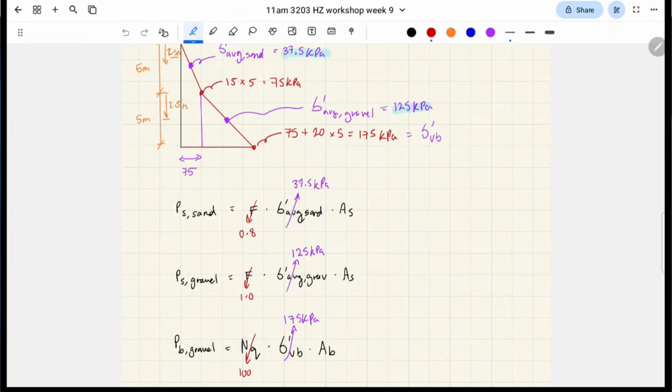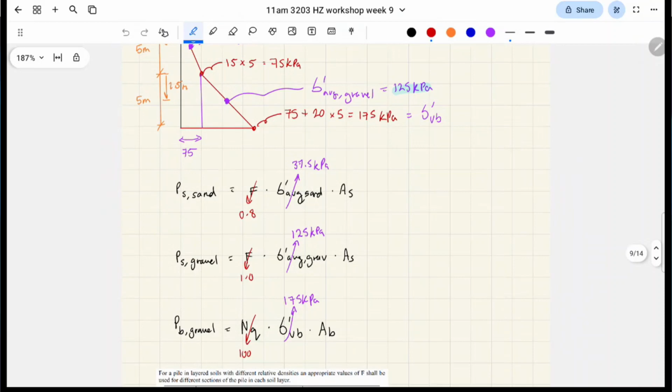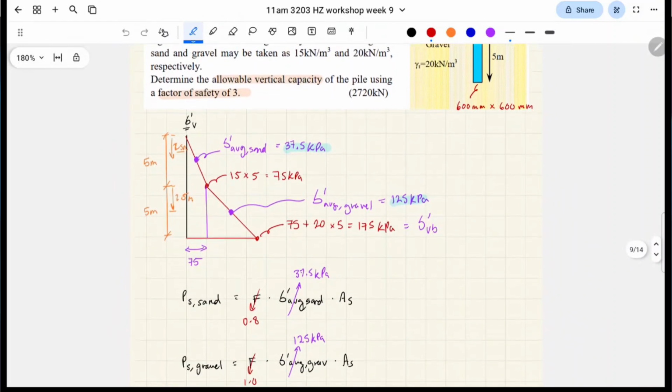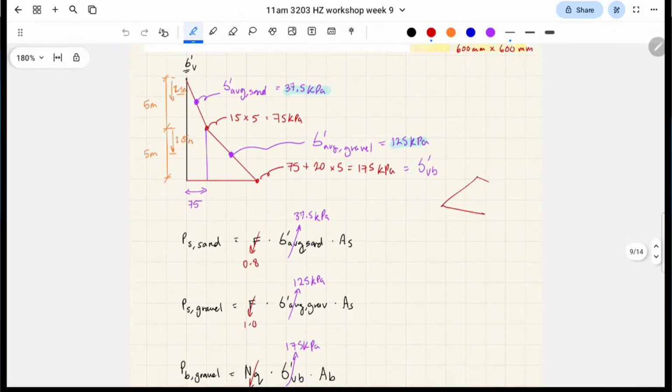All right, so let's deal with the areas. For the area of shaft in sand, we care about this essentially. And remember, it's a square, so we need the perimeter of the square, and we multiply it by the length.